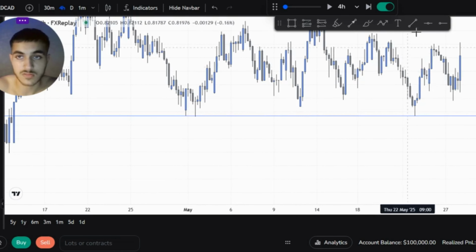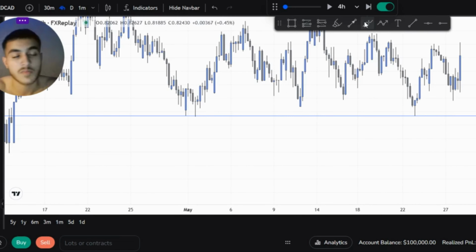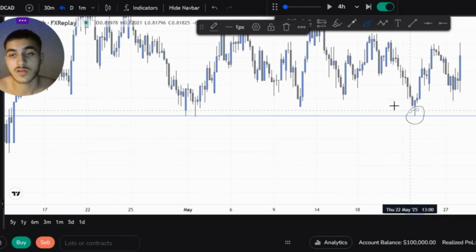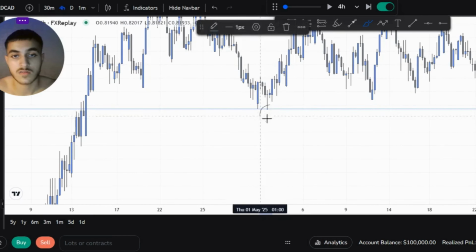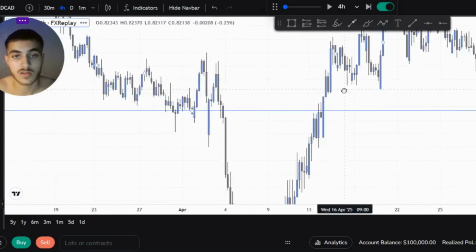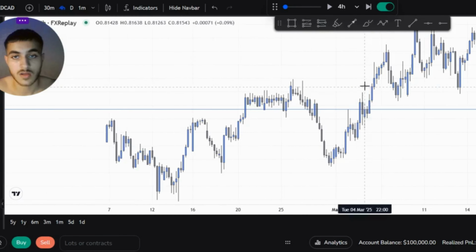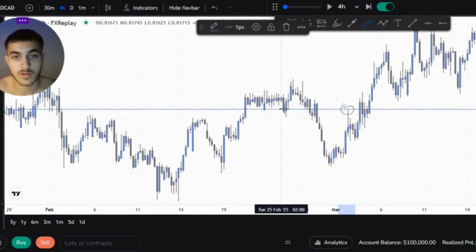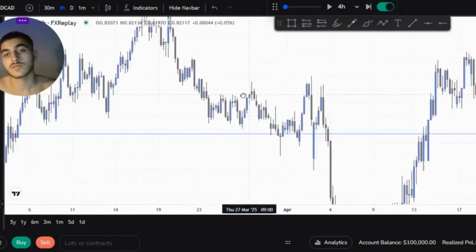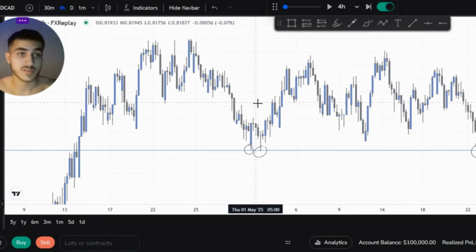We draw support zone and the price should touch our level more than 3 times. Then we can determine what trend we are in now. So in this pair we tap this level first. 1, 2, 3, 4, 5. So this is more than 3 times, and in this pair we are in uptrend.